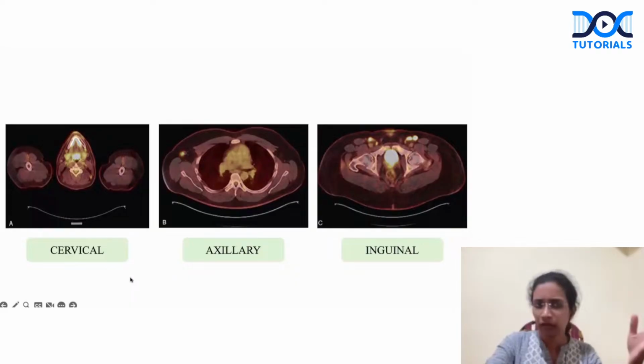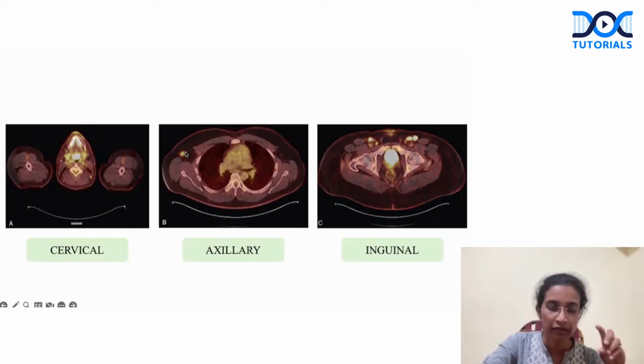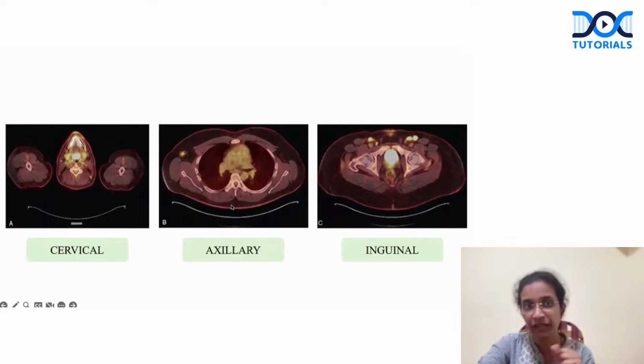So again here, as I already mentioned, if there are multiple lymph nodes, this is the PET-CT showing uptake in the cervical region lymph node, and here you can see right axillary lymph node uptake, and again this is the inguinal region, you can see the pelvis, and this is the inguinal region lymph node uptake. So how do you decide which lesion to target for the excision biopsy?